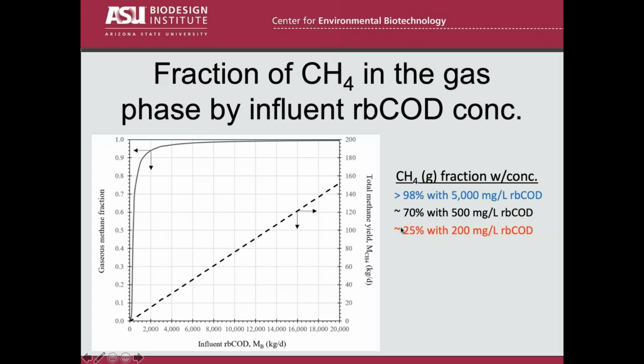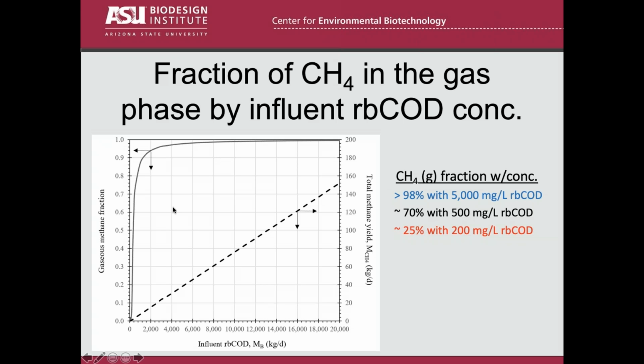And so I've put a couple interesting numbers to the right. So if you look at the graph, at 5,000 milligrams per liter of COD going in, at least 98% of the methane goes in the gas phase. And it's really easy to collect. It just bubbles out. That's good.